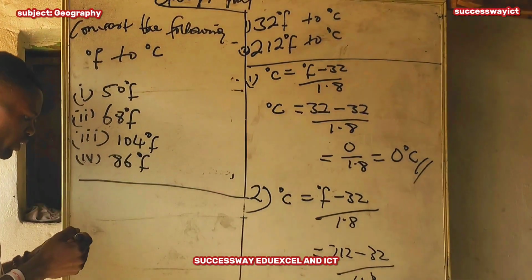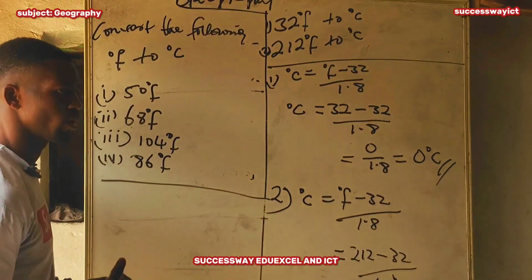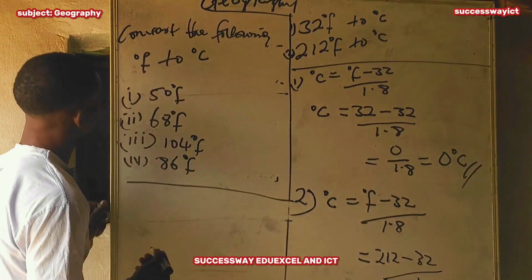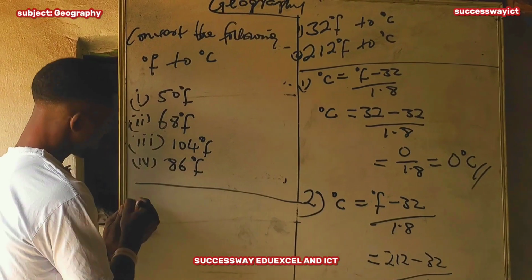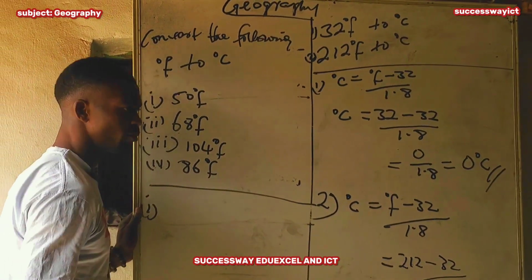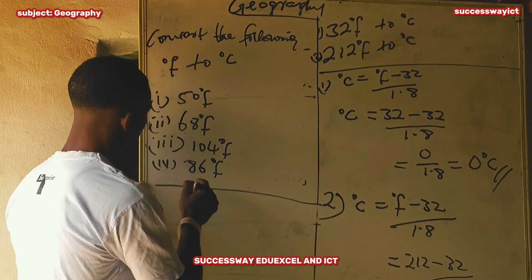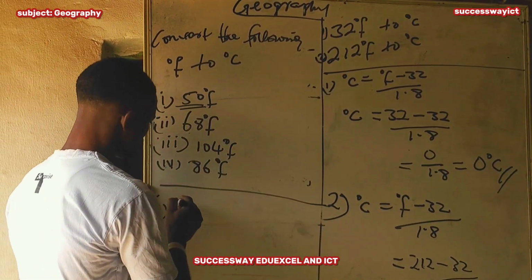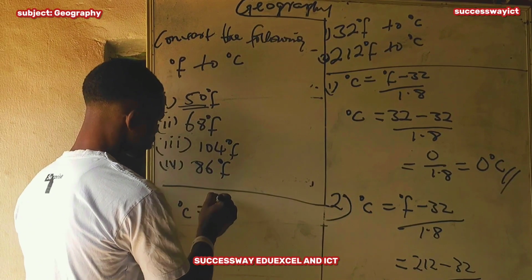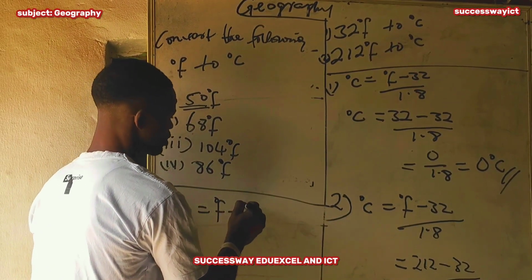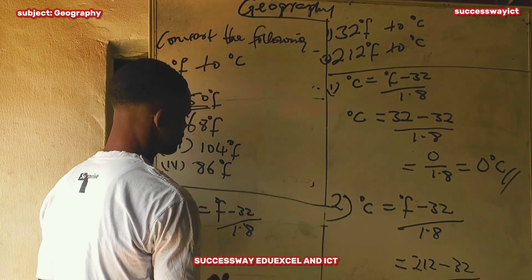Please, can we start first quickly? You are picking Roman numeral 1, which is this one. So we have degree centigrade is equal to degree Fahrenheit minus 32 over 1.8.